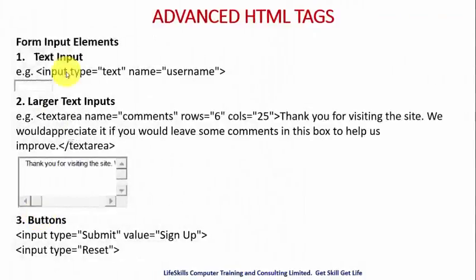For example, text input. You want to capture data where the users have to type something in a text box. So this is how you write the code: input, type is text, name, username. So this name property is very important, especially when you want to use the data supplied by your site visitor.